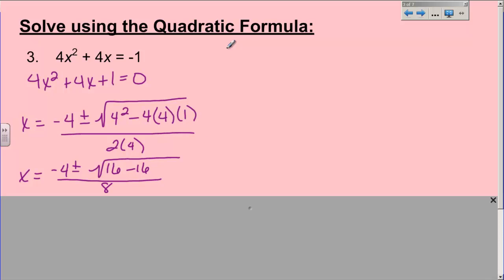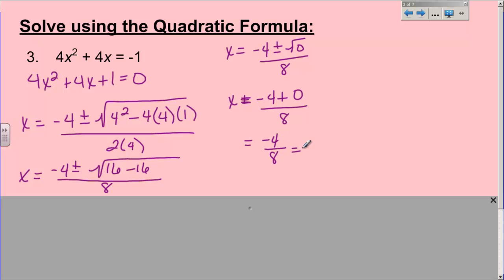So what you now have is x is equal to negative 4 plus or minus the square root of 0, divided by 8. So for the first problem, we're going to take the plus sign. So I have x equals negative 4 plus the square root of 0, which is 0, over 8. Negative 4 plus 0 is negative 4 over 8, which comes out to negative 1/2.